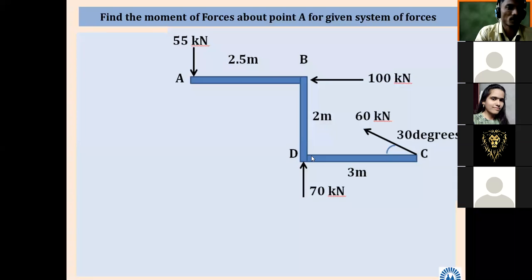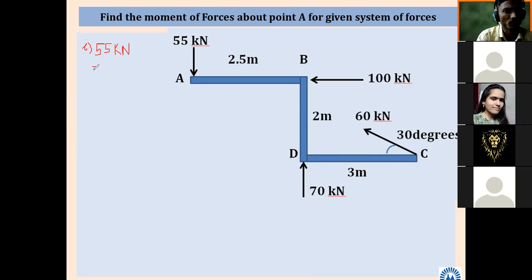Now, force number 1. About which point are we going to calculate the moment? Point A. So Roman 1, I will write Roman A. Which force is applied at point A? 55 kilonewton.